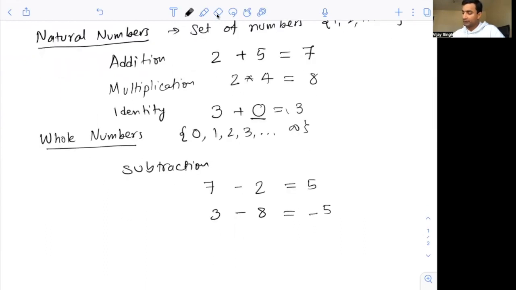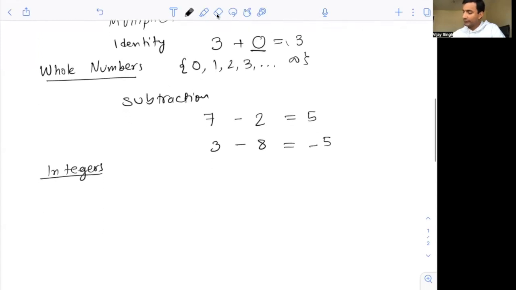Whole numbers start from 0 and go all the way up to infinity, but they don't have any concept of negative numbers. So once you add the operation of subtraction, which allows you to subtract any two whole numbers, then you need a new set of numbers, which are essentially the negatives of the natural numbers. So once you include all these negative numbers, we get a new set of numbers that are called integers.